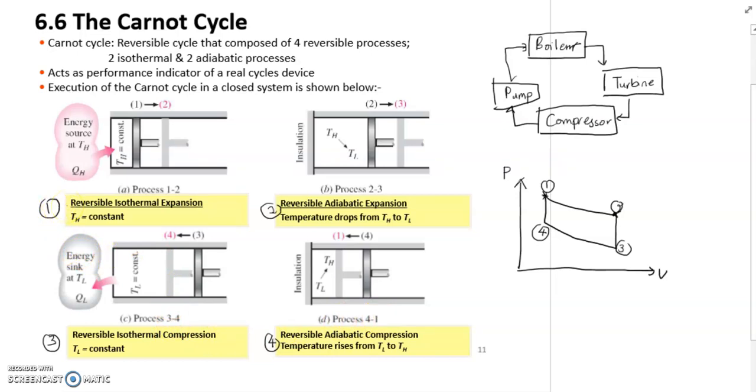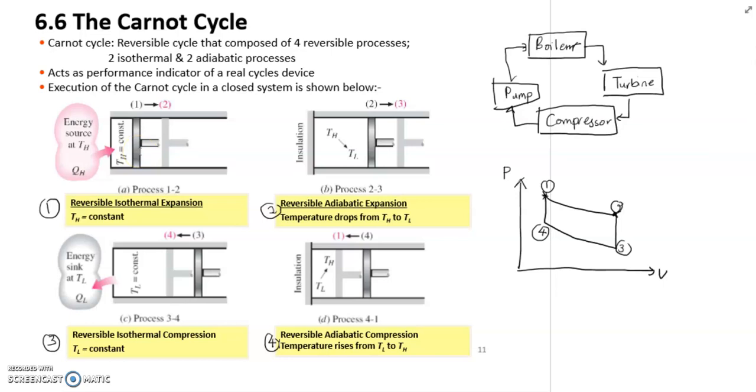So in the first reversible isothermal expansion, consider you have a closed system, gas contained in an adiabatic piston cylinder device. Start with a reservoir of energy source at TH. During process 1 to 2, your gas will expand slowly. TH tends to decrease because of the expansion process.